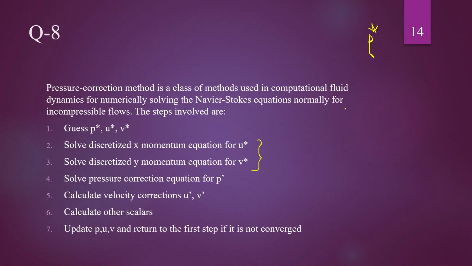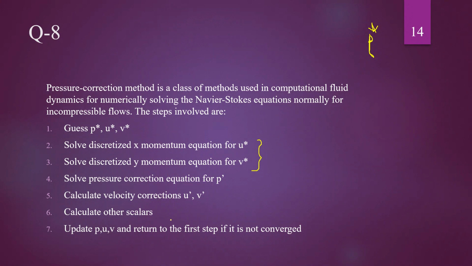These U star and V star would be used to calculate other scalars like temperature and so on. Finally the pressures and velocities would be updated, and if it is not converged it would go back to step 1 and the loop would continue.